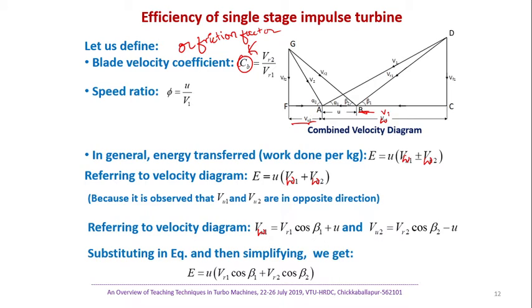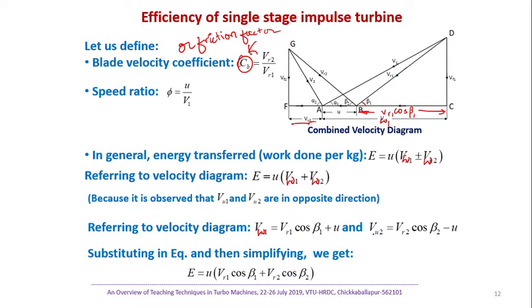If this is beta 1, this becomes VR1 cos beta 1 and this becomes VR1 sin beta 1. Correct? So I am resolving this VR1 into this and this. If this is VR1 cos beta 1 and this is u, can I write VW1 as VR1 cos beta 1 plus u? Yes or no?